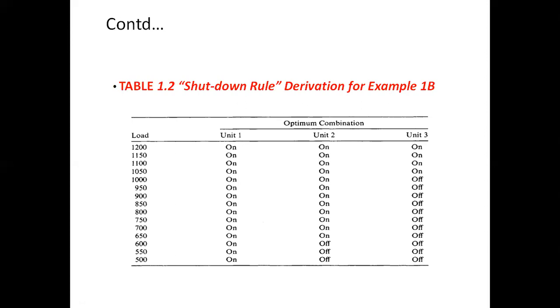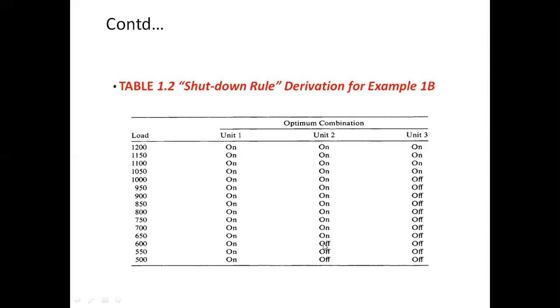first. So when the load drops up to 400 megawatt, it is clear that both of the units will be in running condition. So from 600 to 400, there is a change. All the offs will become on.